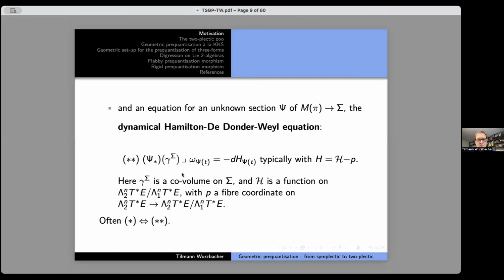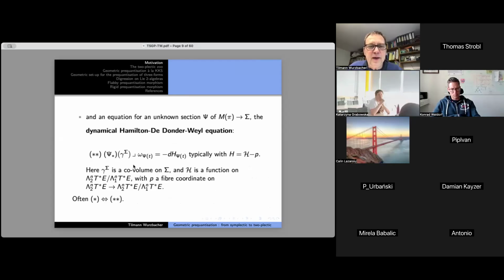Okay, so the dynamical formulation is I look at sections on this n-dimensional base, so something like fields on an n-dimensional base. And for me, it's natural to assume that sigma is orientable or even oriented, and even I supply a volume form.